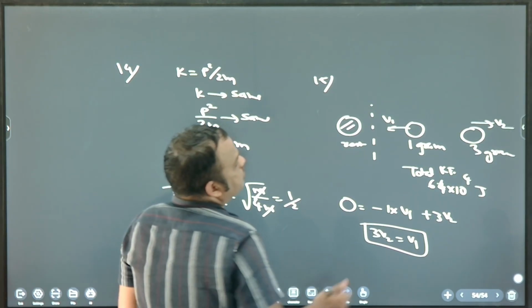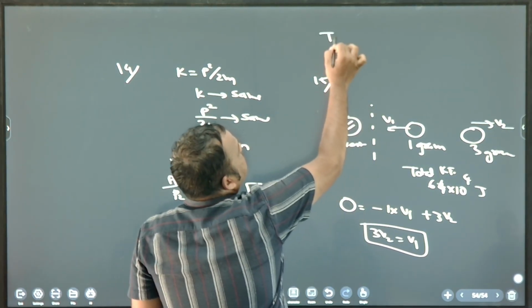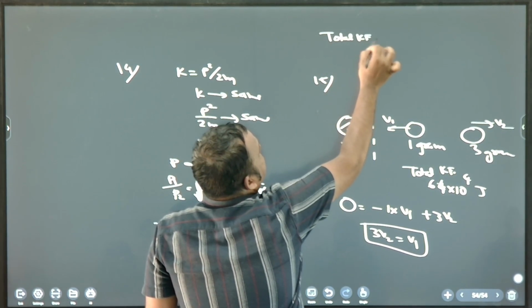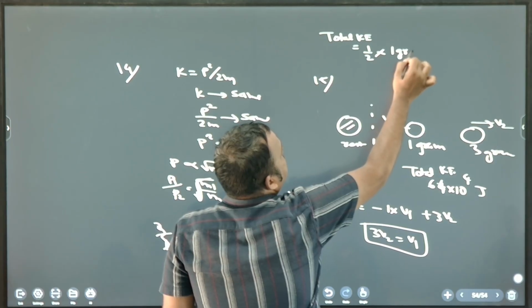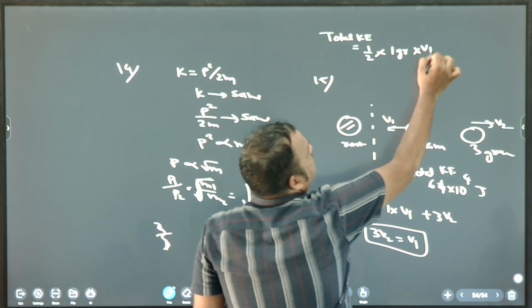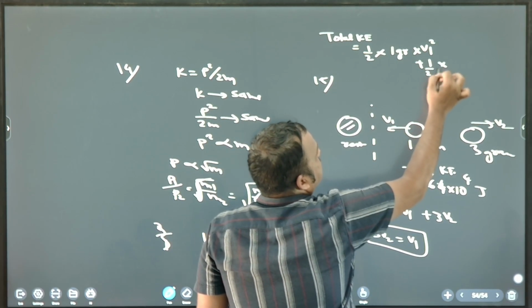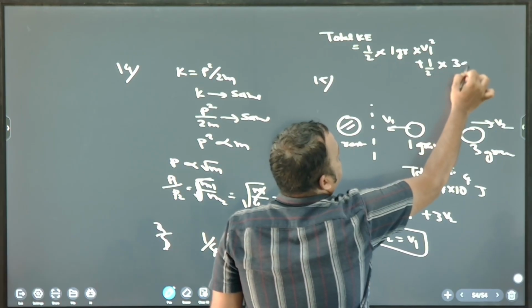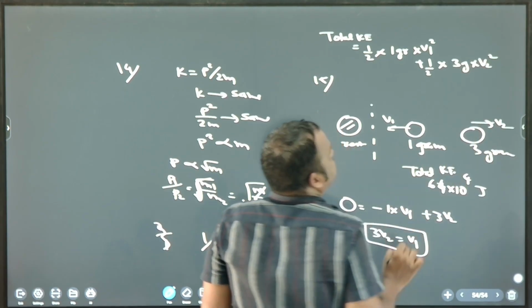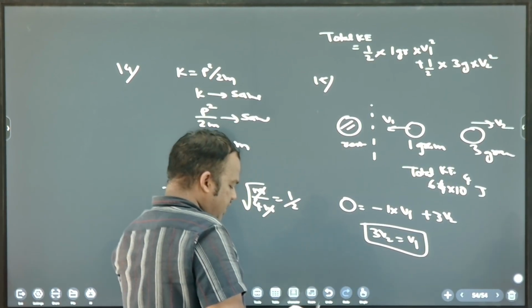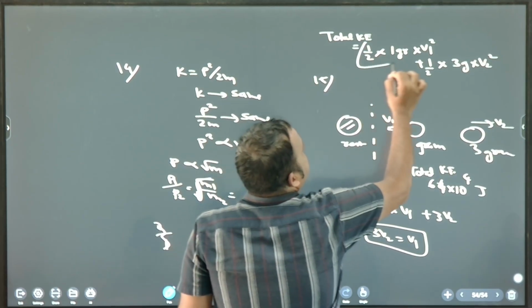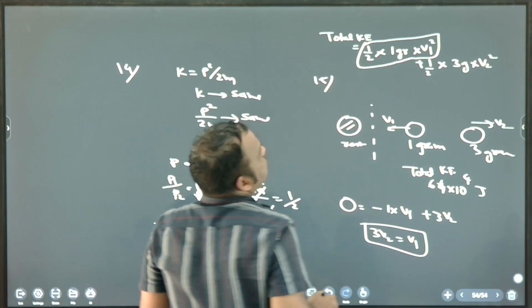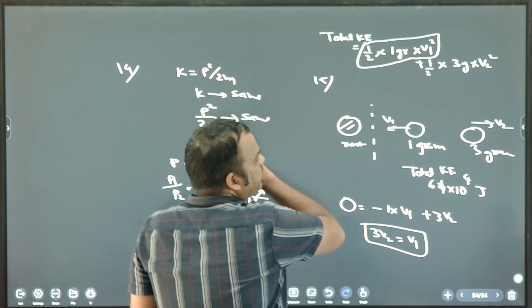So now you see total kinetic energy means total kinetic energy is equal to half 1 gram into v1 square plus half 3 gram into v2 square. Okay, what they are asking, kinetic energy of smaller, means this. They are asking this. Now you find relation.